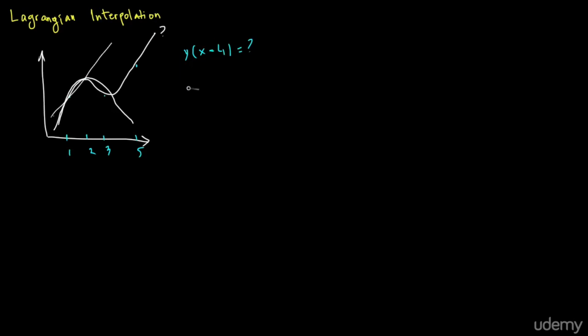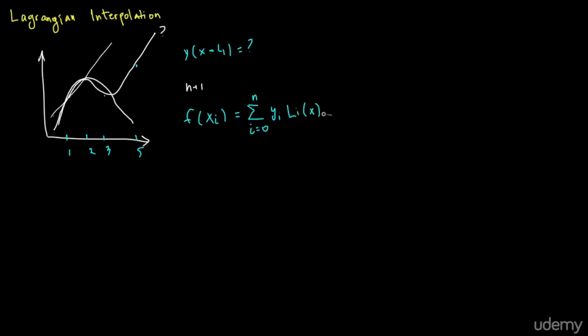For a number of points, given let's say n plus 1 points, we can try and formulate the interpolating polynomial in the so-called Lagrange form. So f of x is equal to the sum from i going from 0 to n of y at this location times li, where li is that polynomial.